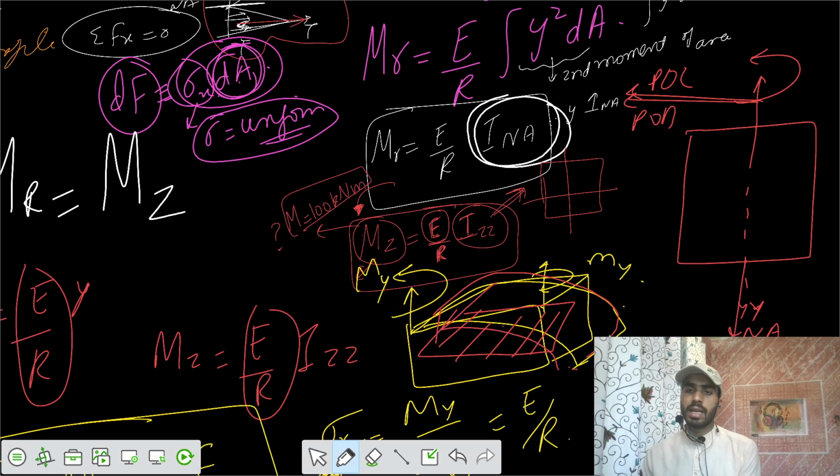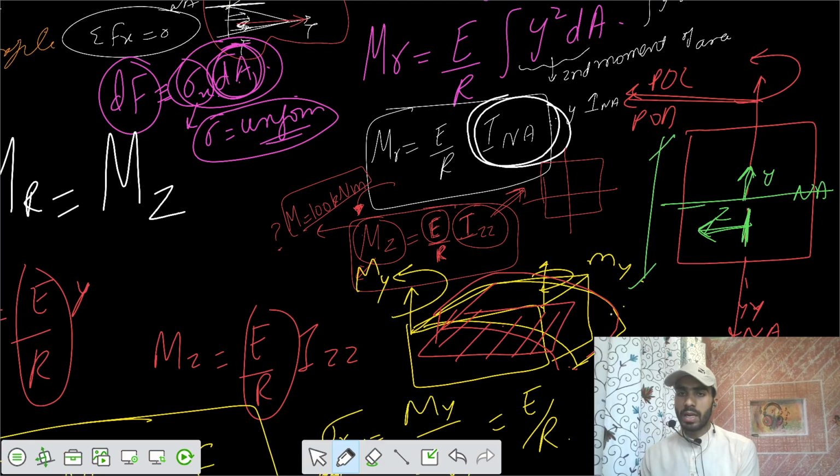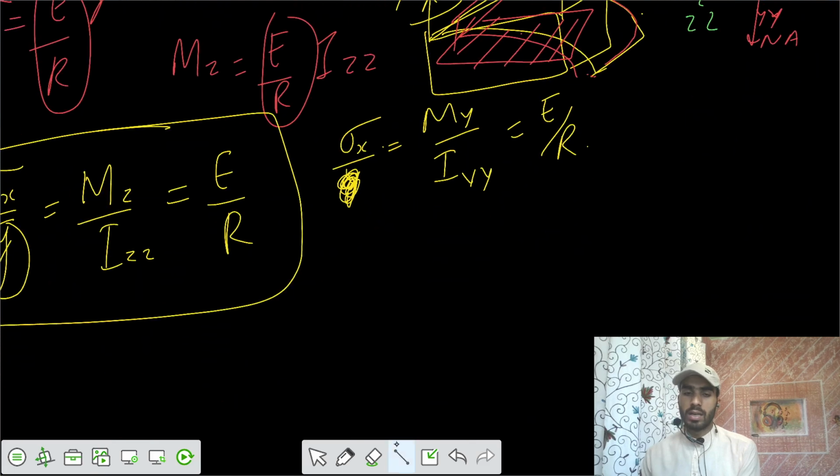So from the neutral axis, if you take any section, you have to go at a distance z, not from y. Initially you were going from the neutral axis up to a distance y, because this was your y along the YY. Now you have to go along the ZZ. Along the ZZ, you have to take that element, at a distance z.